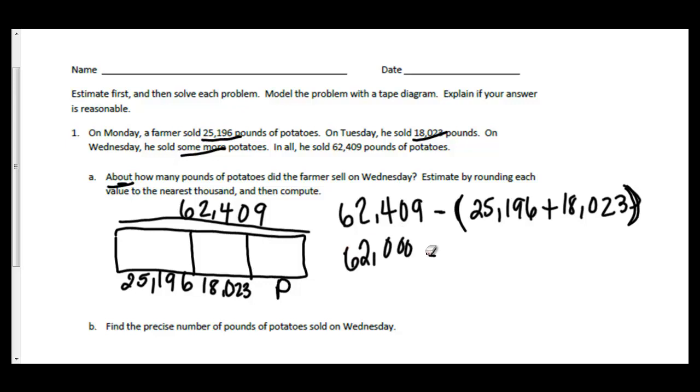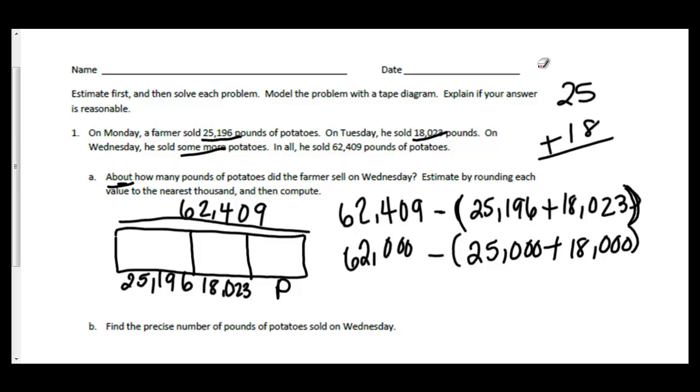And I'm going to subtract from that. 25,196 would round to 25,000. 18,023 would round to 18,000. So 25 plus 18. You could do that in your head, or you can come up here and write that out.